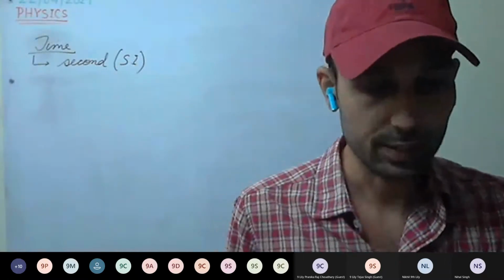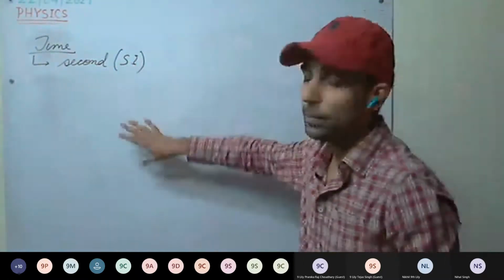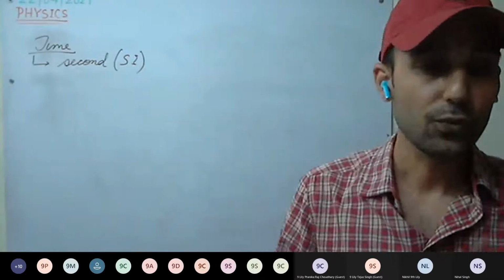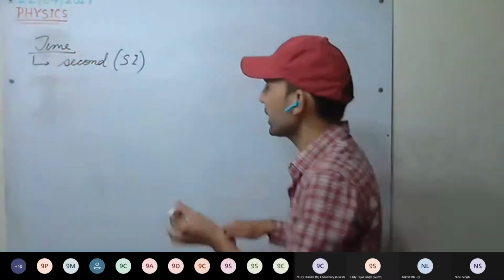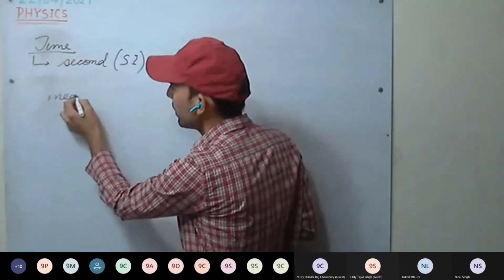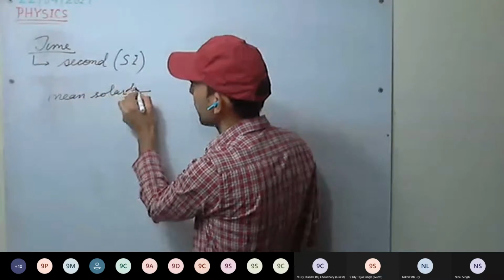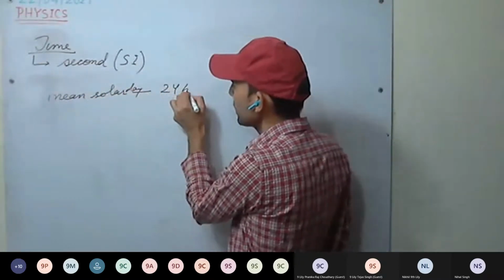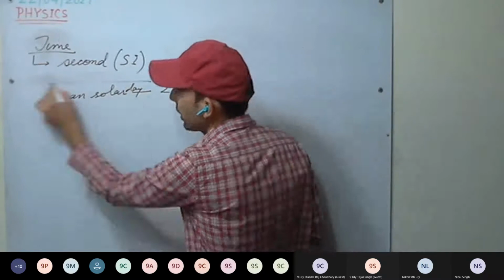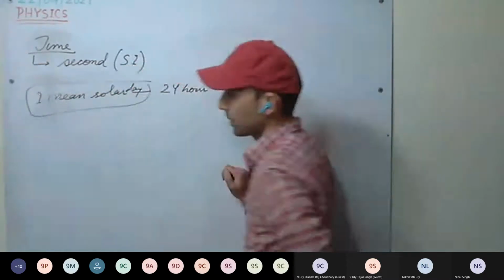How was second defined? Over time the definition changed. First, the mean solar day was taken as 24 hours. One mean solar day.